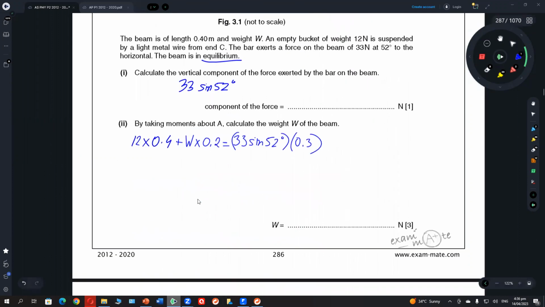Now, this is the equation, and we need to solve it to find the value of W. I'm getting 15 Newtons. You're getting 15 Newton.